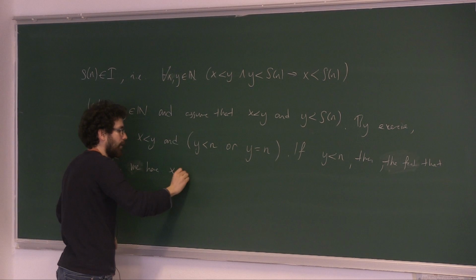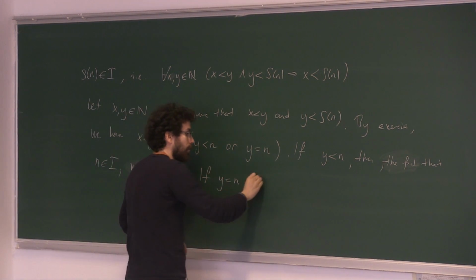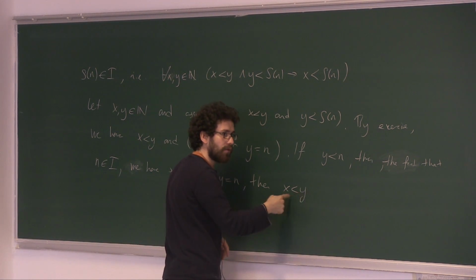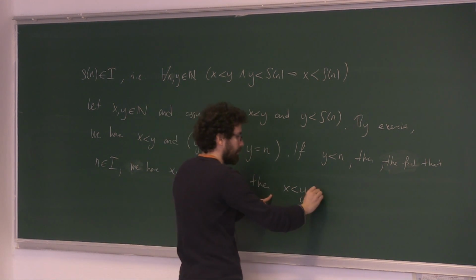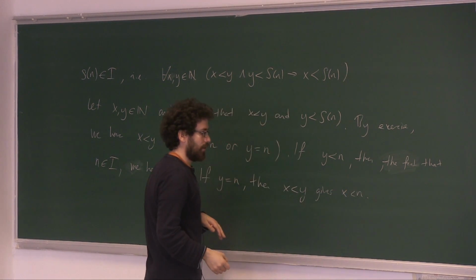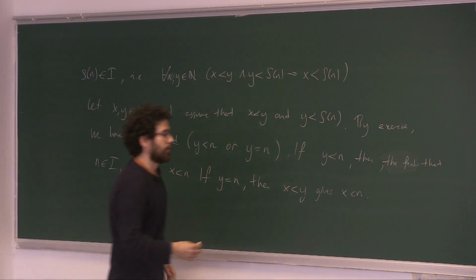We have x is in n. If y is n, then x is in y. I keep saying "in y" because I want you to remember how this is defined. x is strictly less than y if x is in y for natural numbers. Then this gives x strictly less than n. You see, in any case, I got x strictly less than n.